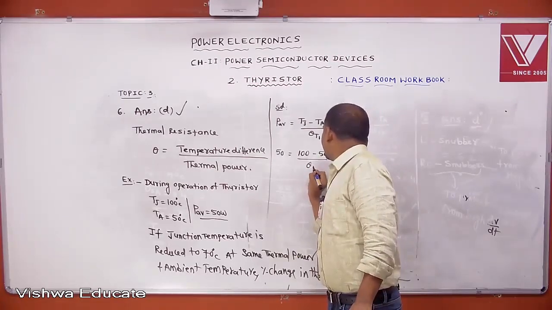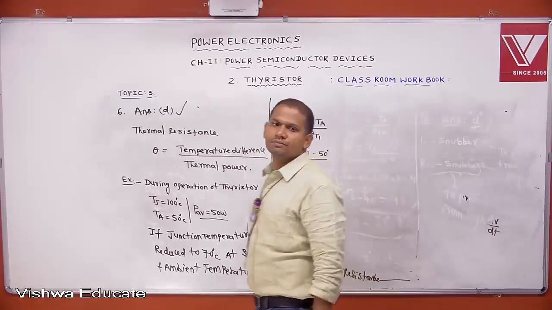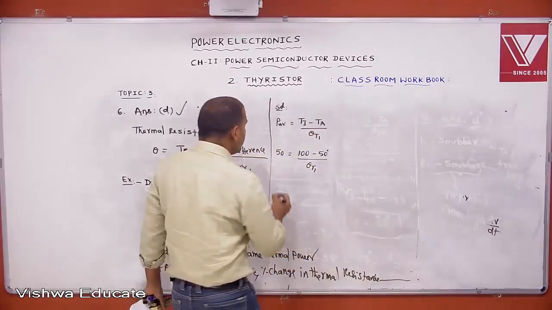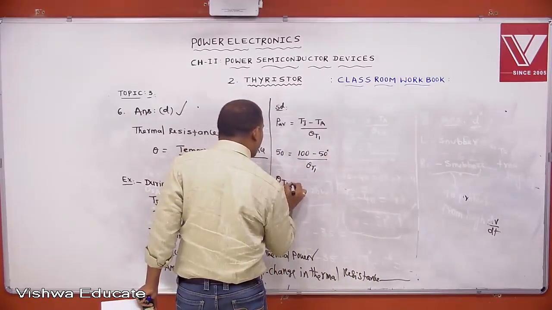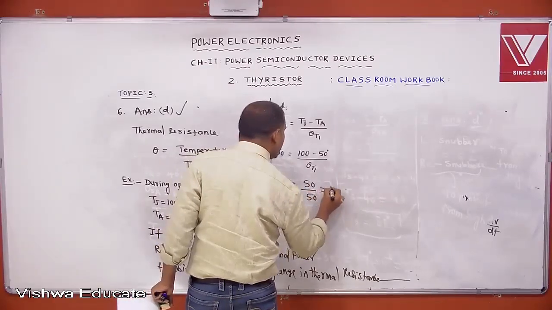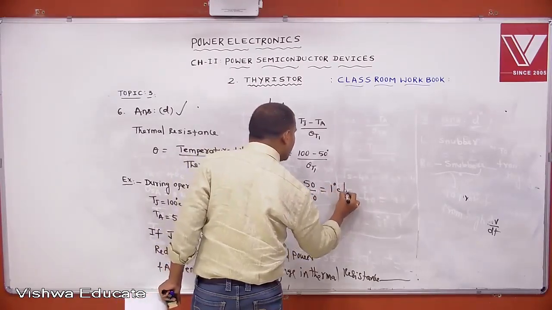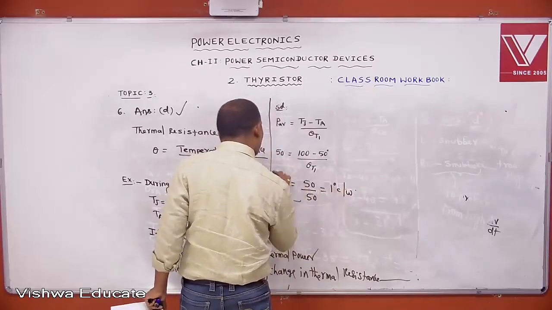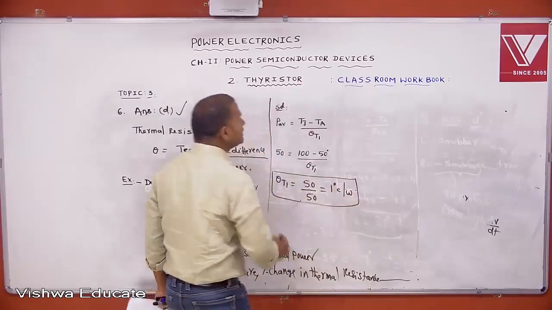Then theta T1 equals 50 by 50, which is 1 degree centigrade per watt. The unit of thermal resistance is degree centigrade per watt.